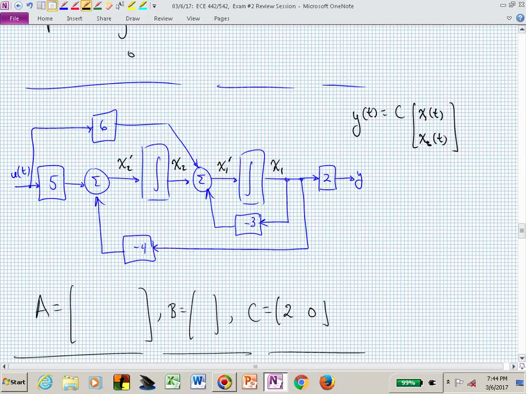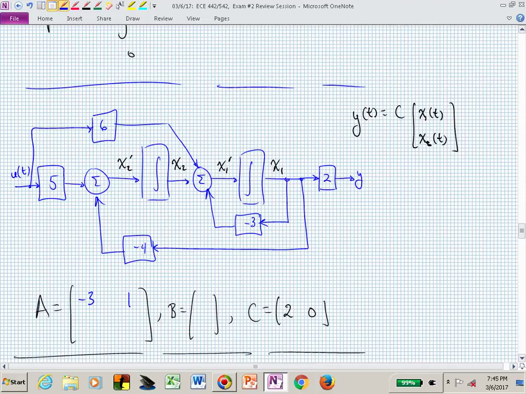Or let's start at the bottom and work our way clockwise. Do you see that we end up with minus 3 times x sub 1, making up x1 prime? Do we have any x sub 2's entering to make x1 prime? And we have x sub 2 unscaled, just coming in directly. So it's 1 times x2.